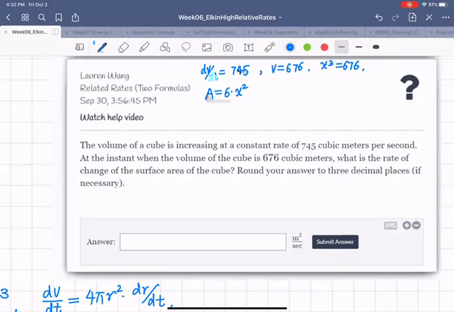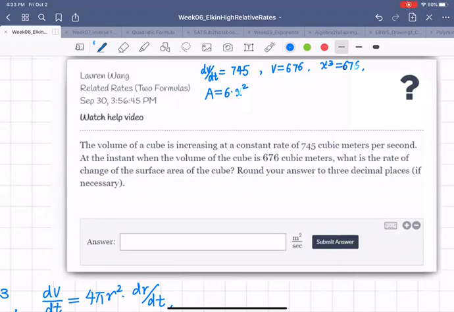So you want to do the cubic root of 676 to see how much that is. We have to use a calculator, okay?